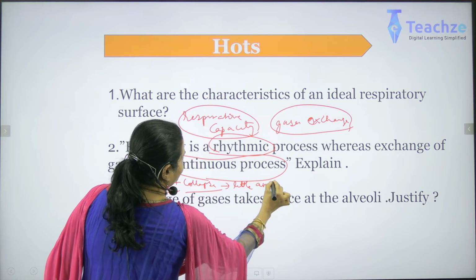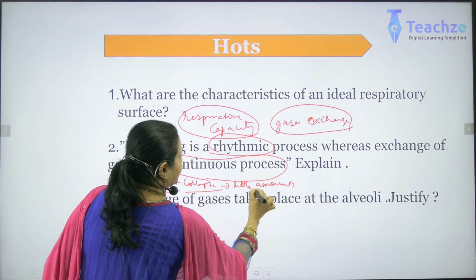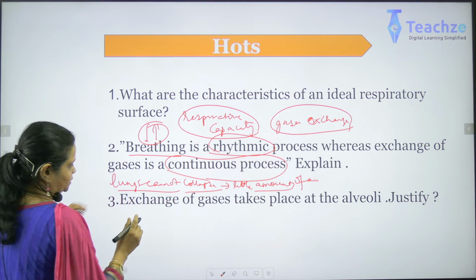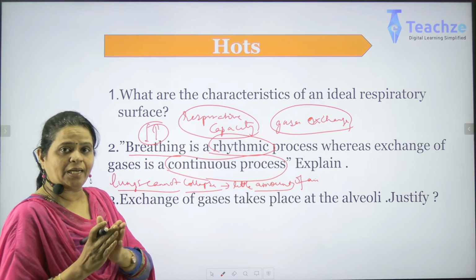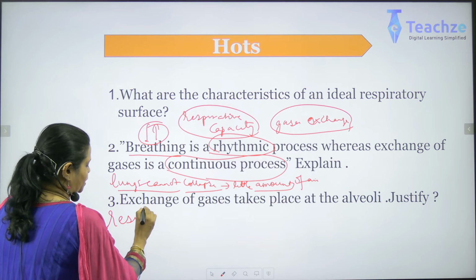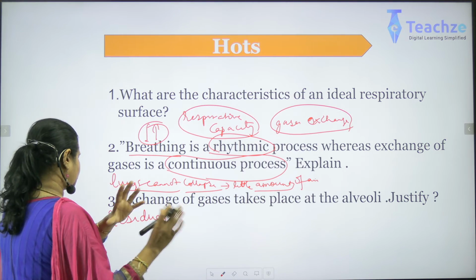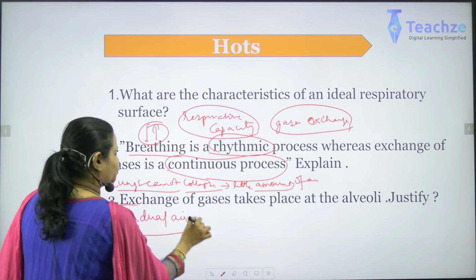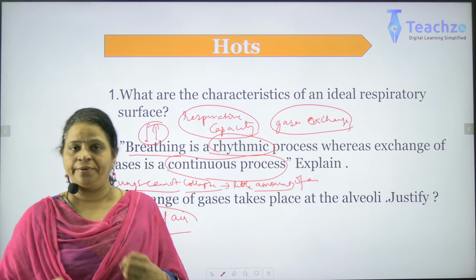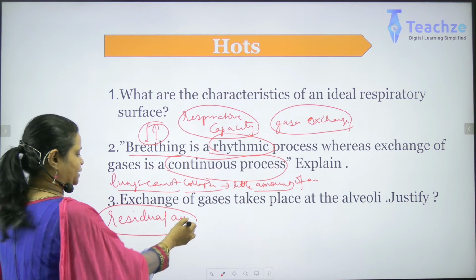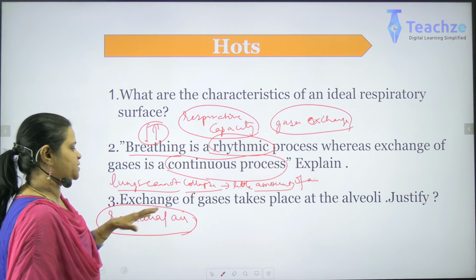That little amount of air which will not allow the lungs to collapse is called the residual air. If this air is present, the lungs will not collapse. Remember, you don't breathe in and breathe out 100%. There is always a little amount of air left over in the lungs. That leftover air is called the residual air.